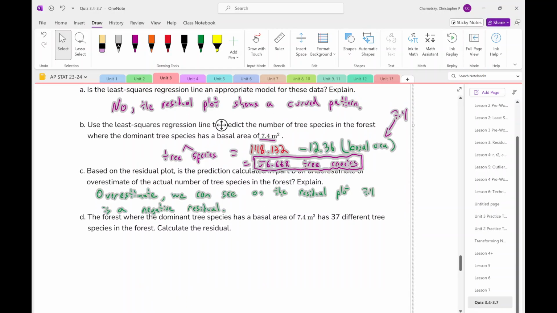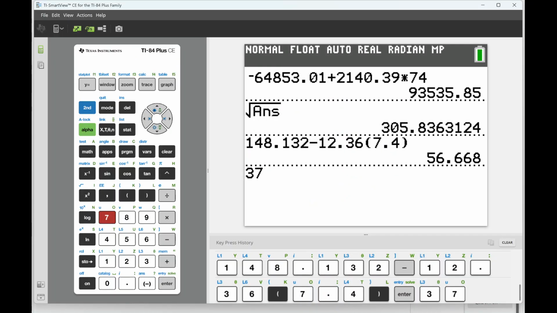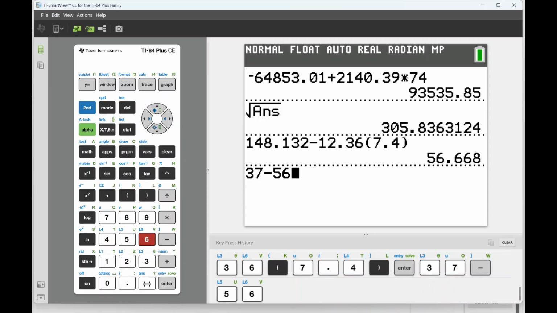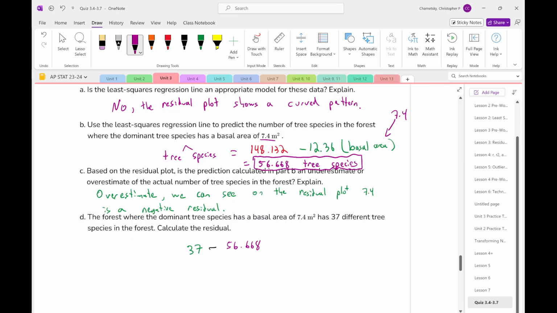So you take your actual, that 37, minus our predicted 56.668, and we get negative 19.668 as our residual.